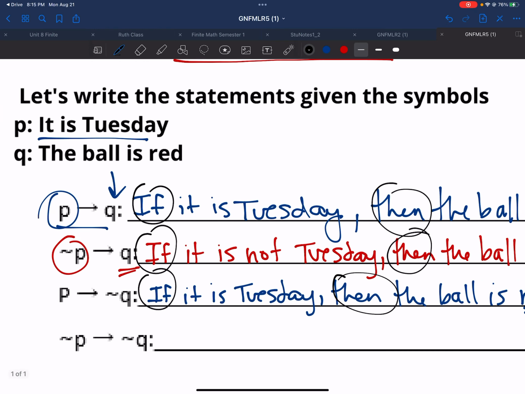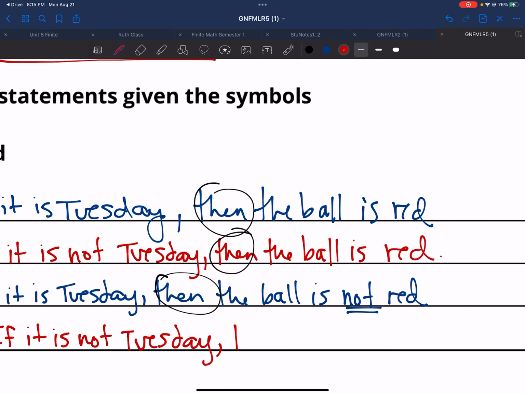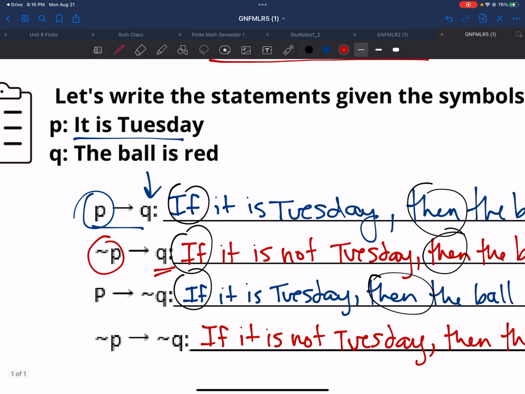All right, and the last one, we have the negated P, then the negated Q. So if it is not Tuesday, then the ball is not red. Okay, so that's how we translate our symbols into sentences using original statements that we've been given.